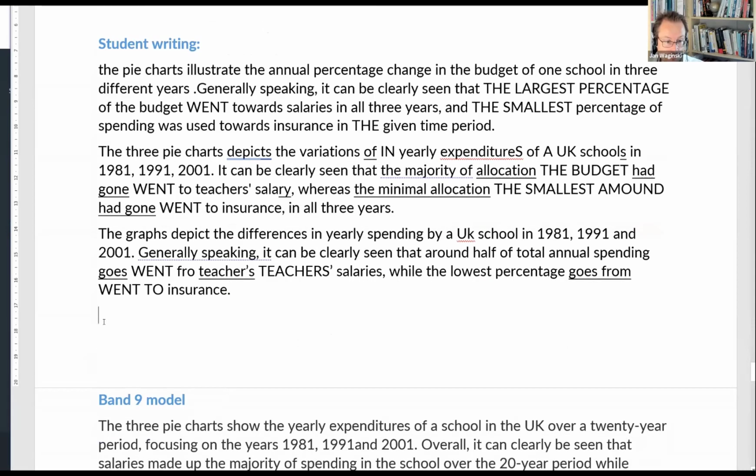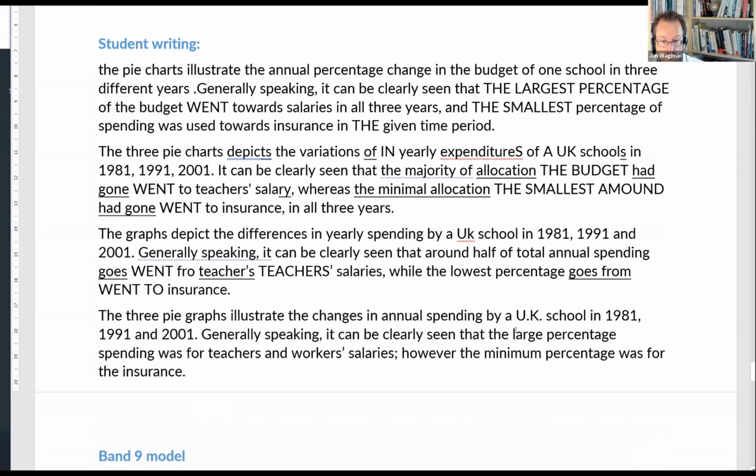Good. Largest percentage. There's a word missing here.